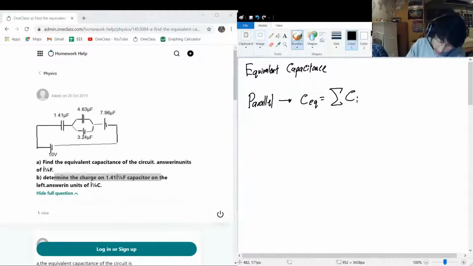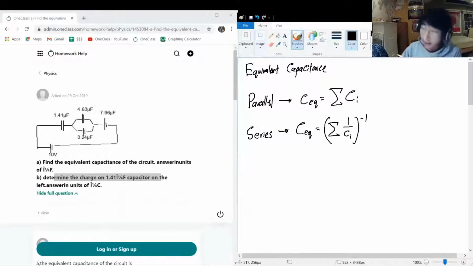If we're in series, it's kind of similar to what you would do with parallel resistors. So 1 over... You have to add up the reciprocals of all the components and then take the reciprocal of that result. That's how you find the series capacitor values.